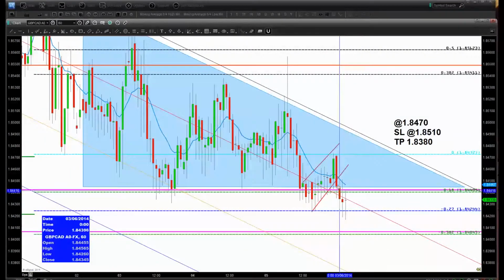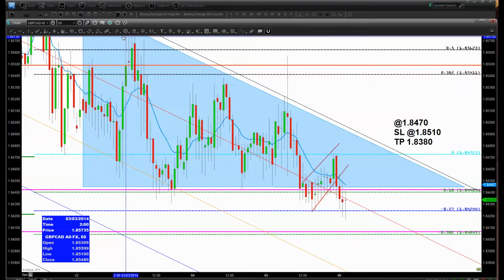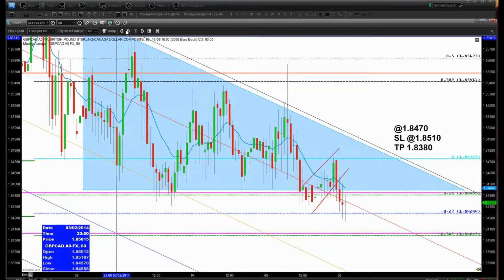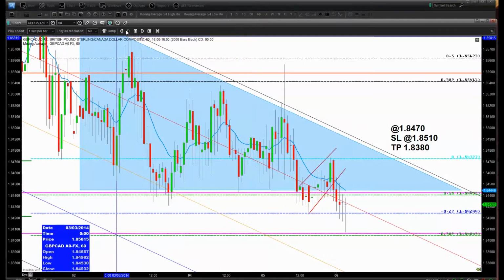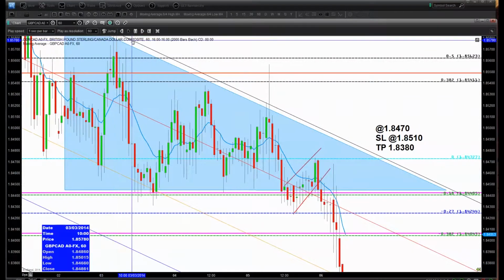And look at what happened. We break through, and there it is. There is the break, right? Now let's play it again and see what's going on with the trade. There it is, another hour. Every bar is 1 hour. Let's pause it.